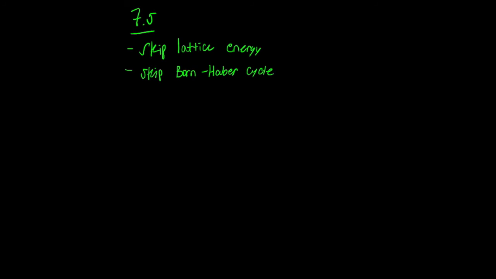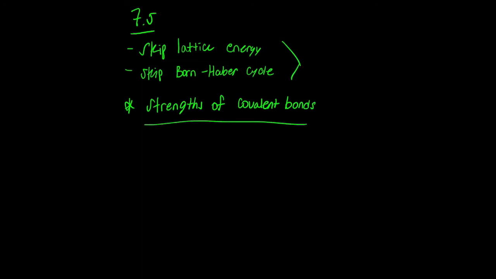What I want to talk about is the strengths of covalent bonds. Okay, these refer to ionic bonding, and I'm not too interested in that, being an organic chemist by trade.